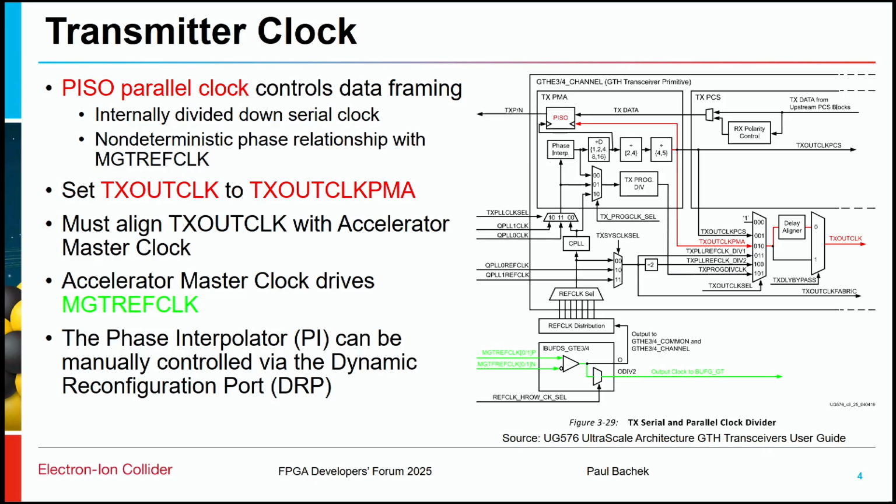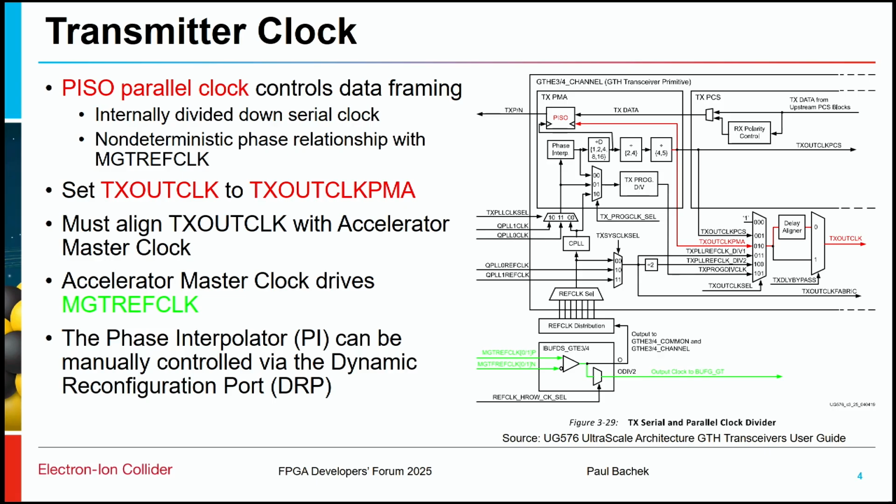So the user cannot directly drive the clock that's highlighted in red here to control how the data is framed and transmitted. Instead, there's an IP core, the PIXO, that controls the phase interpolator just below the register in the diagram there to finely tune the phase of the transmitter parallel clock in order to control the data framing that gets transmitted on the line.